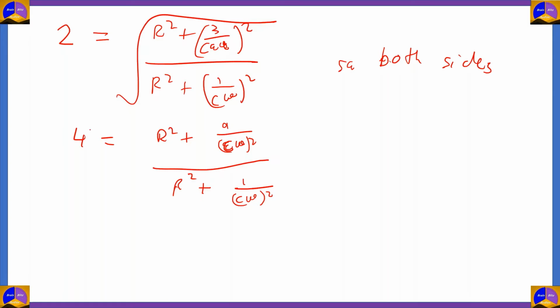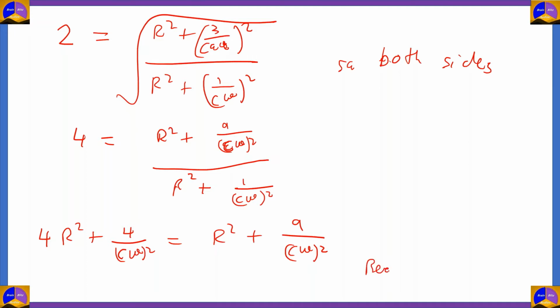We take this denominator to the left-hand side, so it becomes 4 times the denominator, so that becomes 4R square plus 4 by C omega square is equal to R square plus 9 by C omega squared.